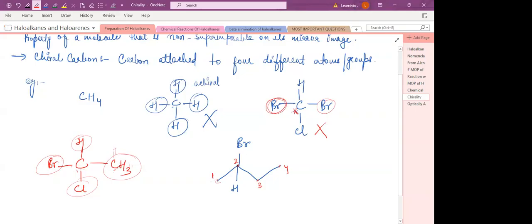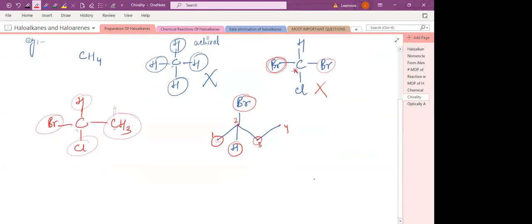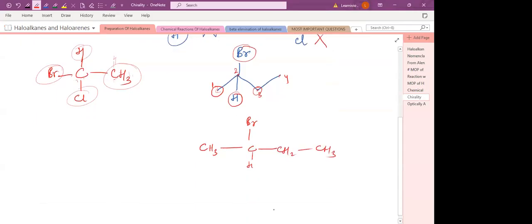Now see the second carbon. The second carbon has 1 bromine group, 1 methyl group, that is your CH3, 1 hydrogen group, and what is this? This is your CH2 group. When you draw the open structure, it is CH3, this is your C, this is your bromine, this is your hydrogen, this is your CH2 and this is your CH3. That's the structure.